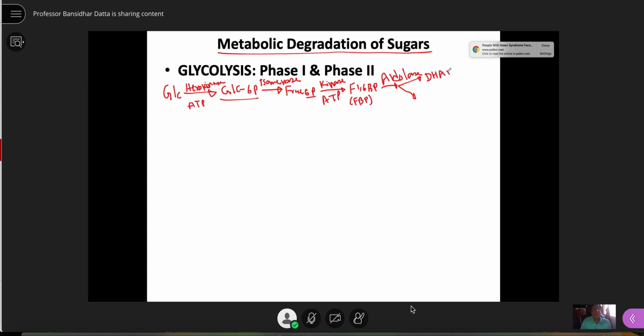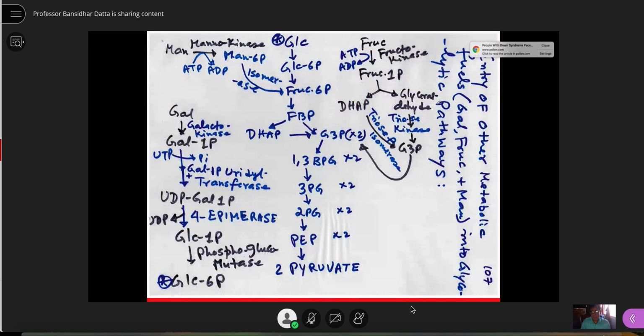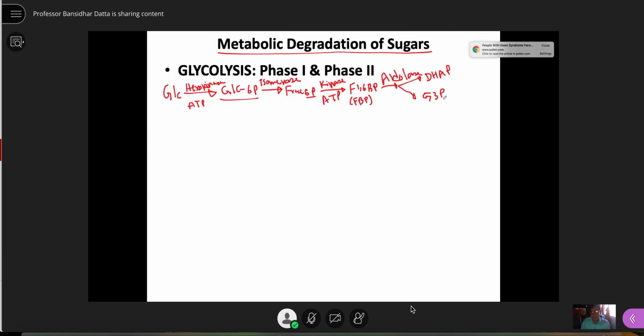Another one is called glyceraldehyde 3-phosphate, G3P. So G3P stands for glyceraldehyde 3-phosphate, formed with the help of the enzyme aldolase.